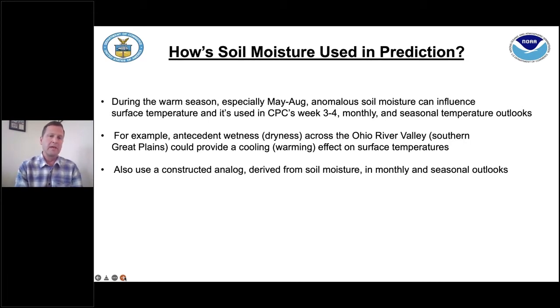Conversely, if we have antecedent dryness, as we have over the southern High Plains, that could provide a warming effect on surface temperatures. We also use a constructed analog method derived from soil moisture in our monthly and seasonal outlooks. Next slide, please.